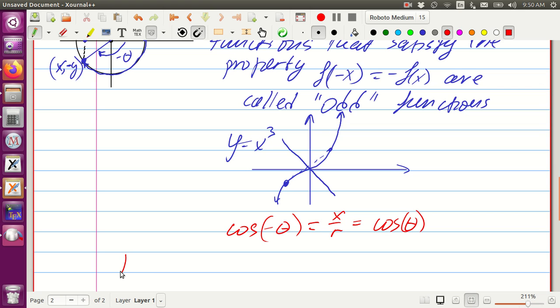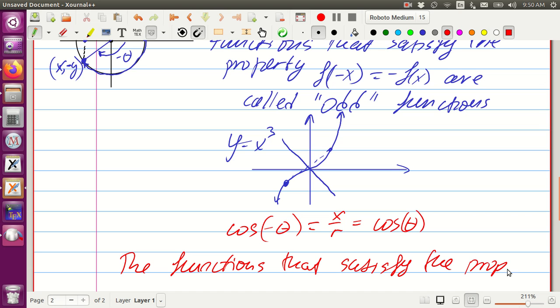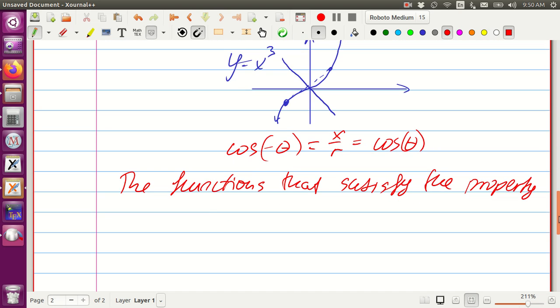We can say that the functions that satisfy the property f of negative x is equal to f of x are called even functions.